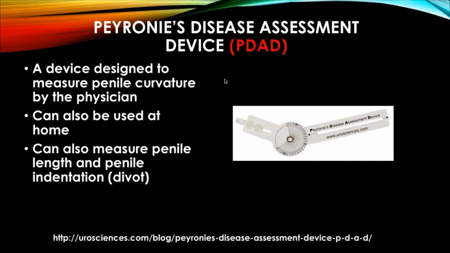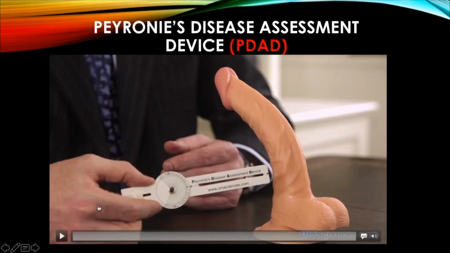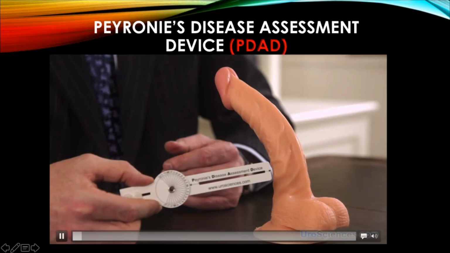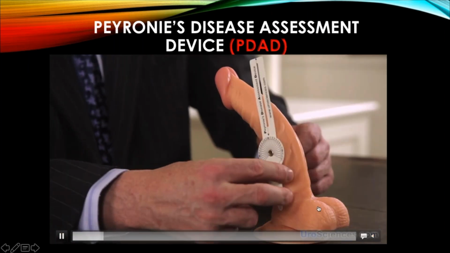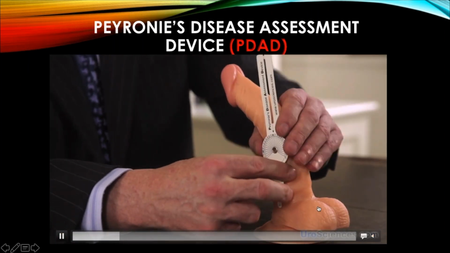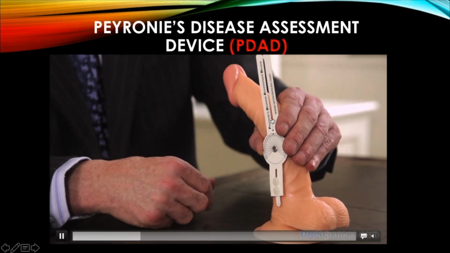So they have these devices called the Peyronie's disease assessment device, or the PDAD device, that helps learn how to measure. You can give patients these and they can do this at home as well. Essentially, you just line this up with the base of the shaft and then turn the top portion to be parallel to the head of the penis.